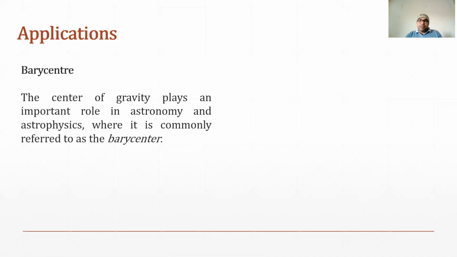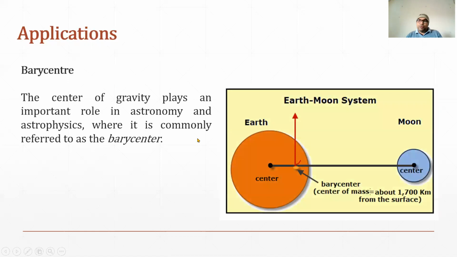In this diagram you can see two celestial bodies, the earth and the moon. Earth and moon both orbit about a point which is the center of gravity or barycenter of these two celestial bodies. Determining such points is very important for astronomical purposes.